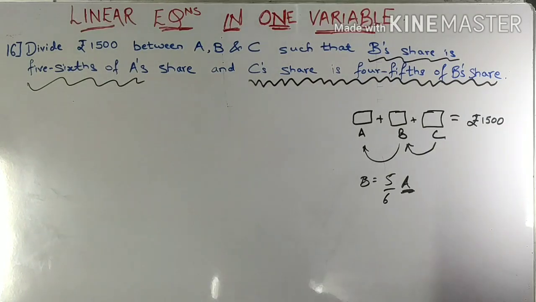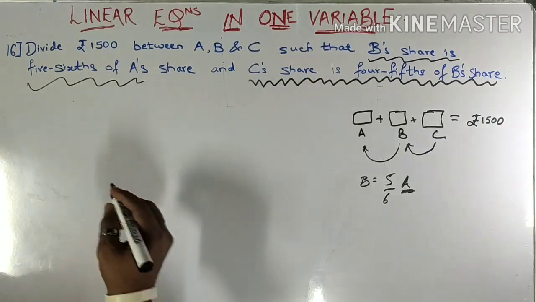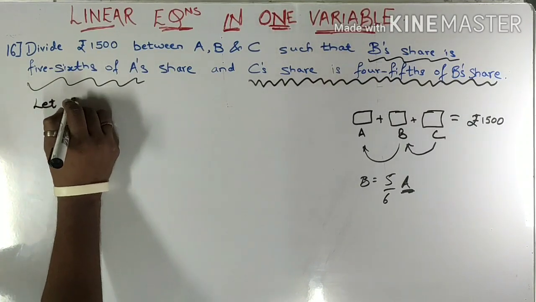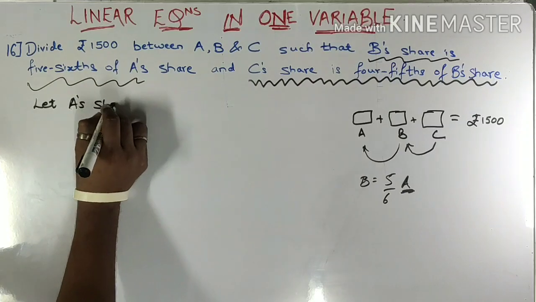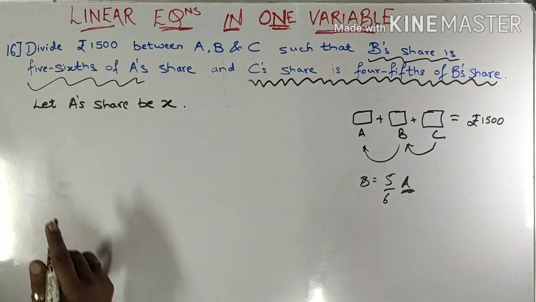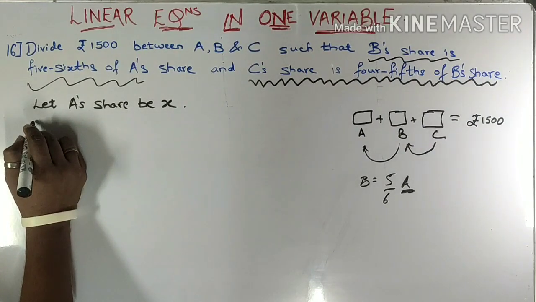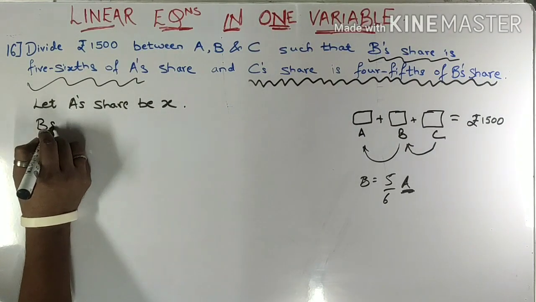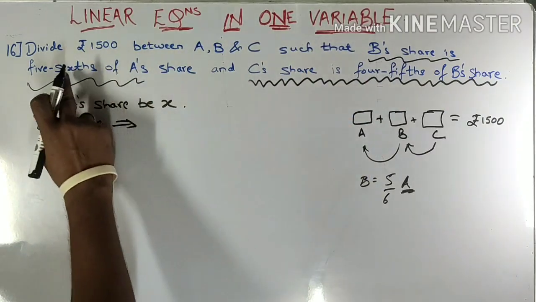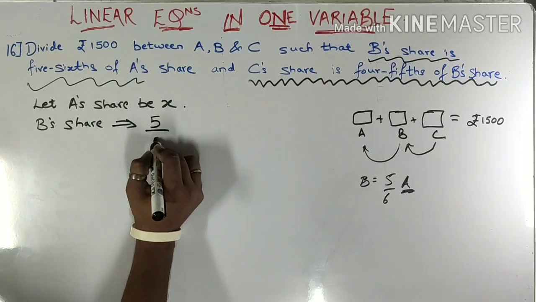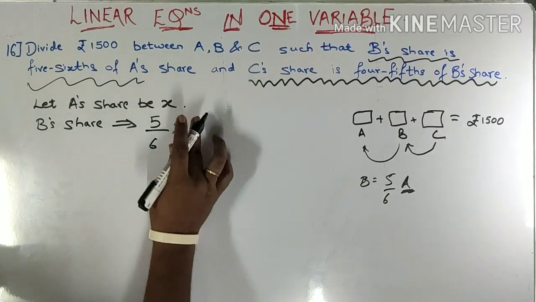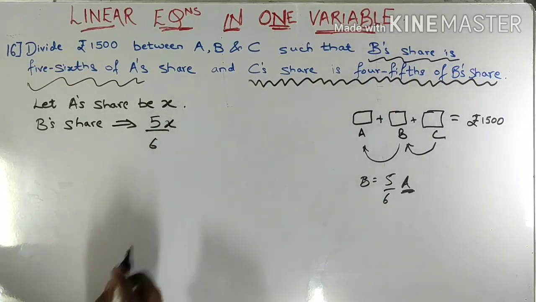So let A's share be x. According to the given condition, B's share is 5/6 of A. That means 5/6 multiplied by A's share, that means 5/6 of x.